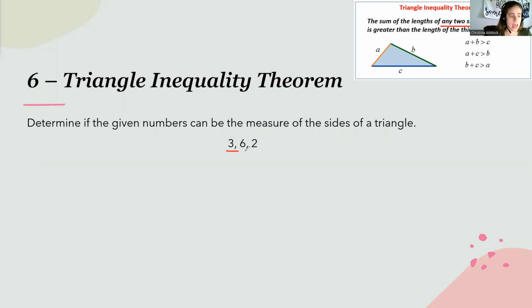I first add the first 2 together. So we need these 2 sides to be greater than the third side of 2. And 6 plus 3 is 9. 9 is definitely greater than 2. So that checks out. Then the next thing I do is I add the last 2 together.